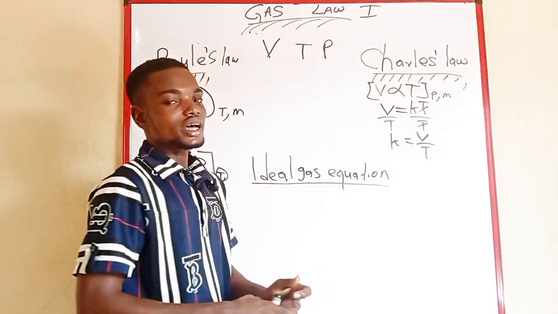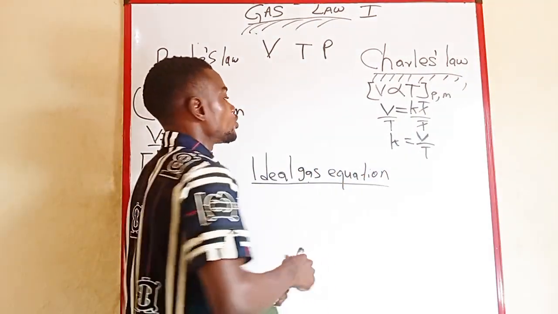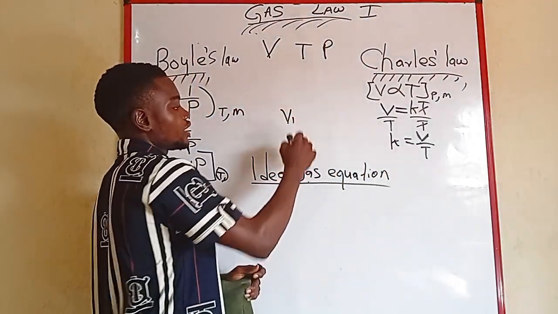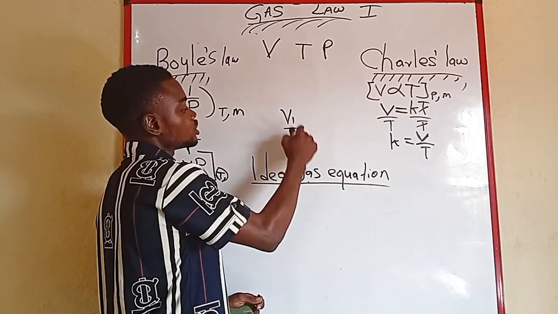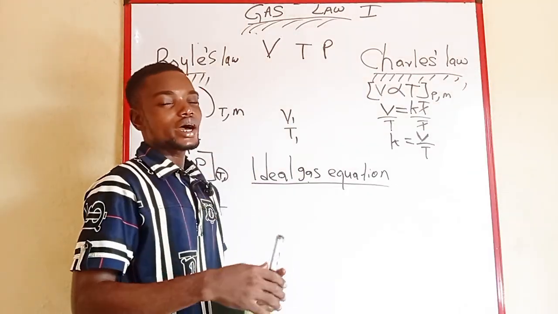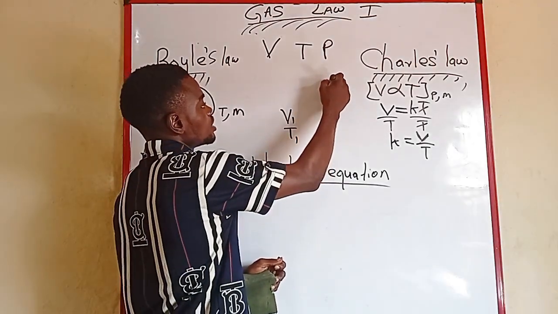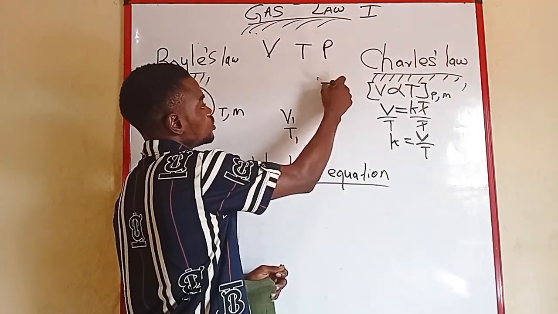We consider a gas with volume V1 at temperature T1. Suppose the temperature is increased, so we now have a new temperature represented as T2.